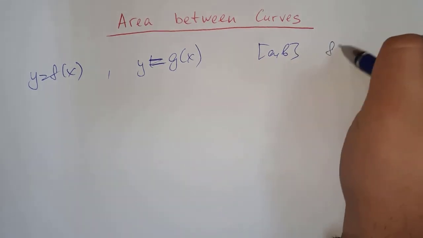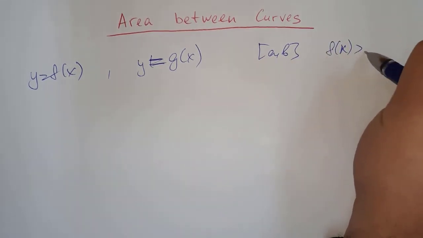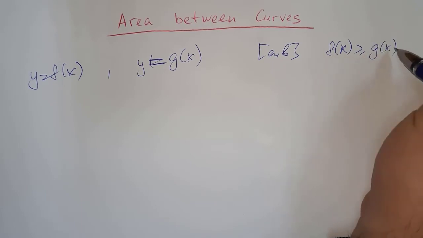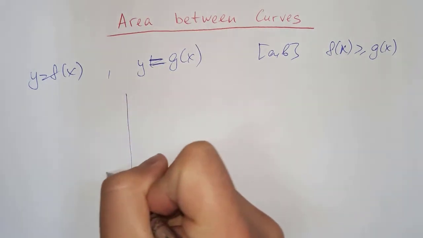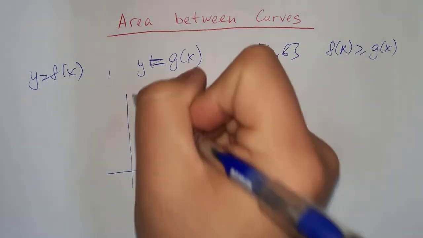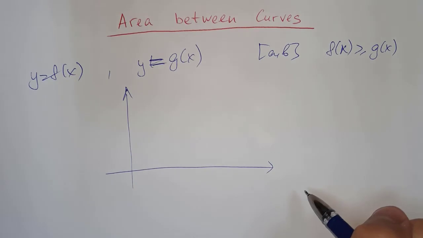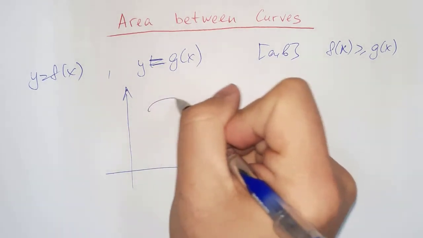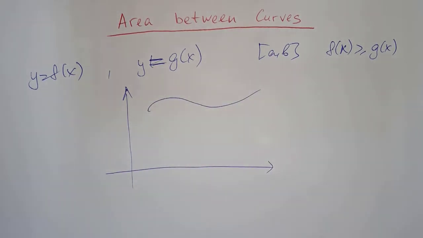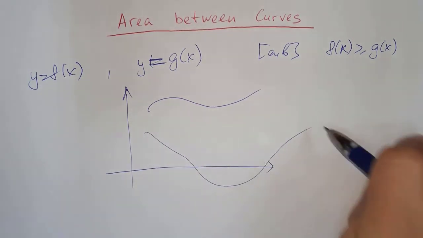Assume that f of x is greater than or equal to g of x. So it looks like this graph I tried to show, where we have any function f of x and any other function g of x on the interval a, b. Let this one be b, and this be a.